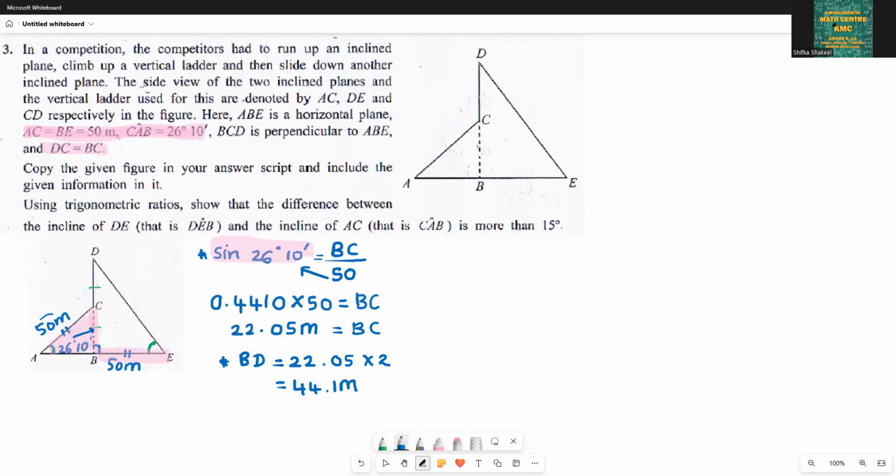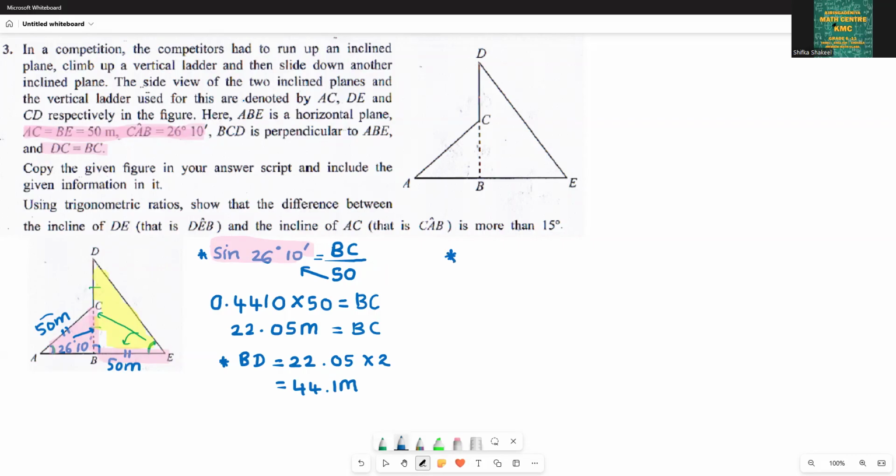Now consider this triangle. For this triangle, we have two sides now. One side is opposite, and this side is adjacent. Opposite and adjacent are connected with tan.